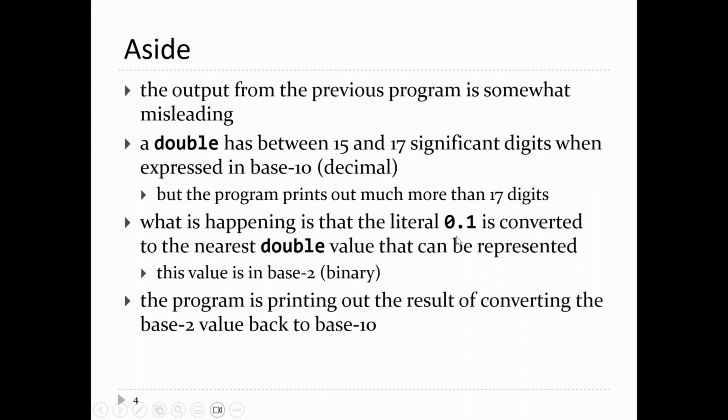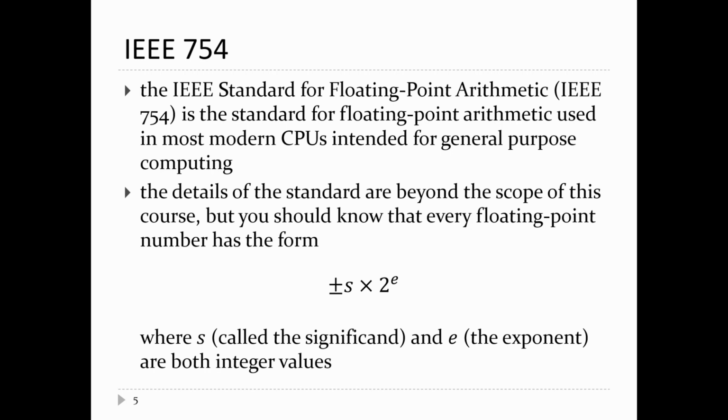So when it prints out the value, it takes the converted base 2 value and reconverts it back to base 10, and that operation does not give you back the same value as before. It's printing out all of the digits it can when it does the conversion, but you can't actually use that many digits when you use a double. So just keep that in mind.